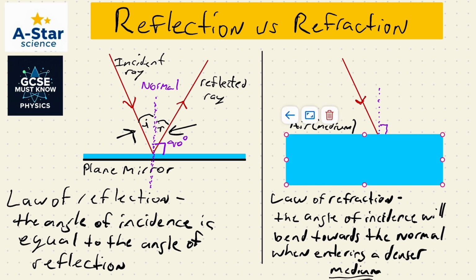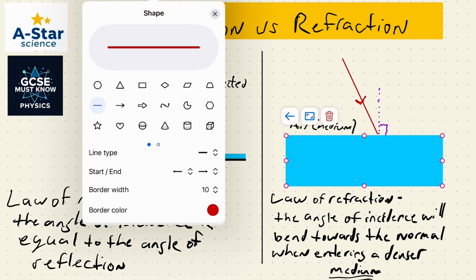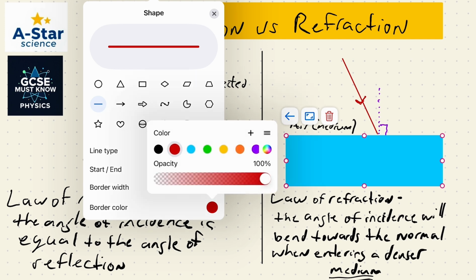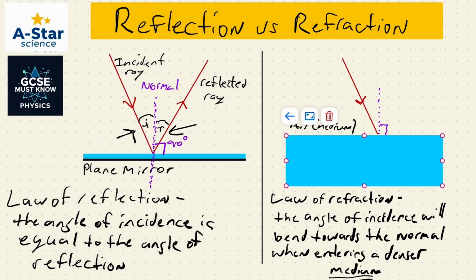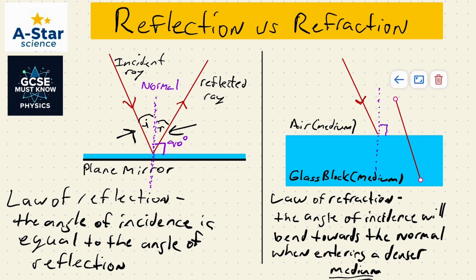So if I put another one, let's see if I can get that right. Okay. Like that. So it's bent towards the normal.